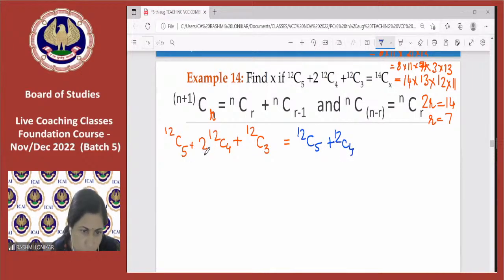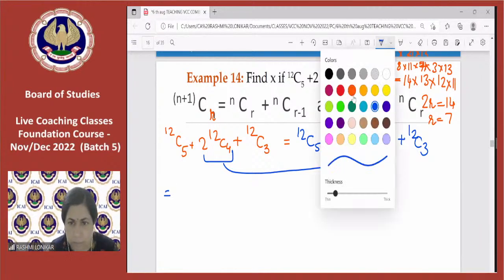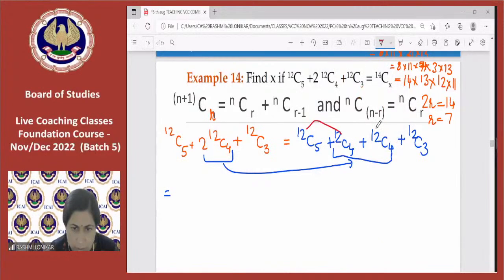Okay, this 2 times I'm writing as 12c4 plus 12c4 plus 12c3. Okay, this I'm writing as here. Okay, I've just written 2 times 12c4 as this. So this over here, this and this I'm combining, and this I'm combining.